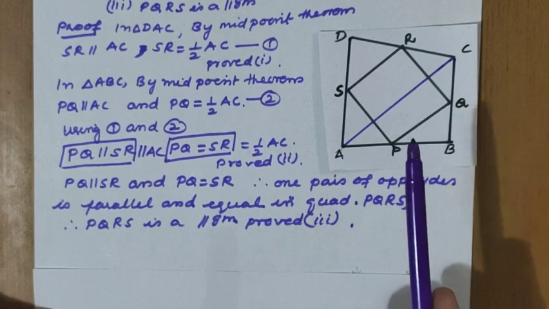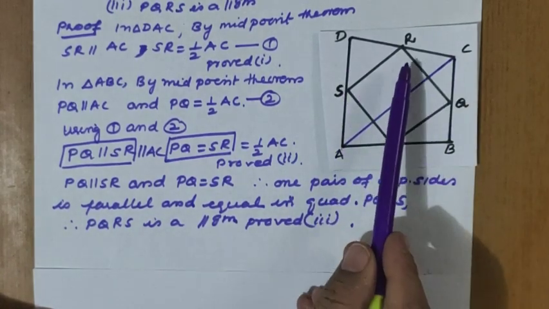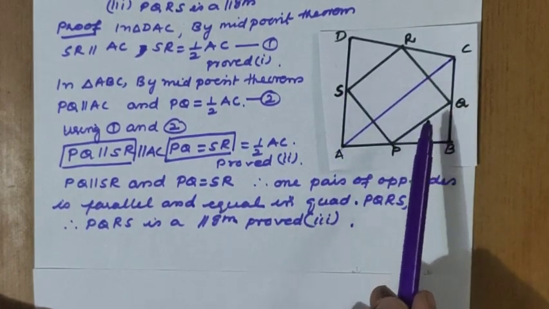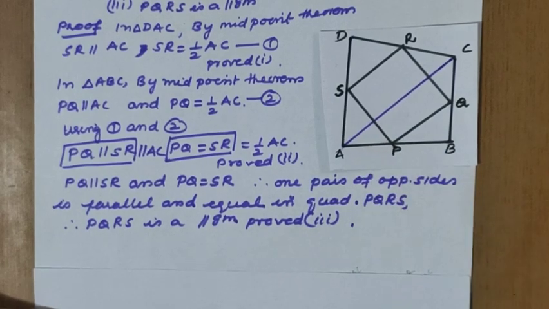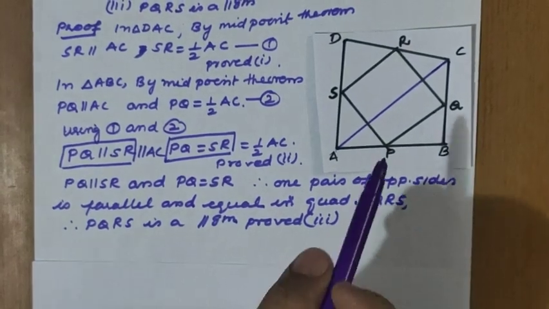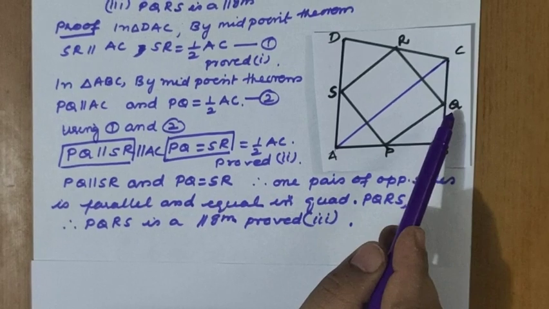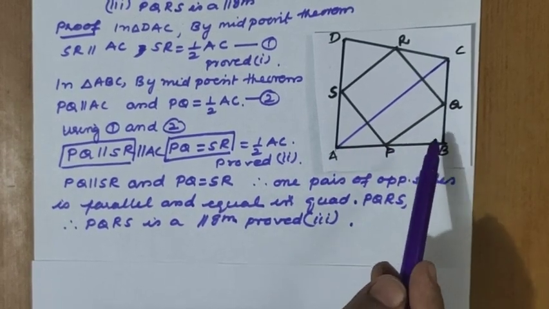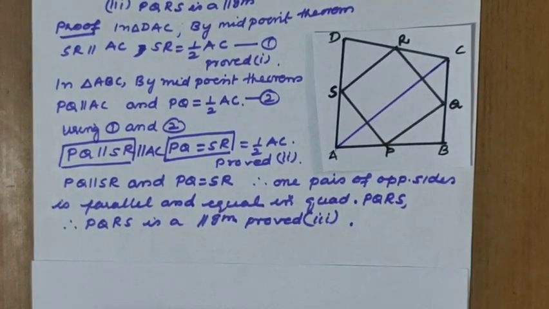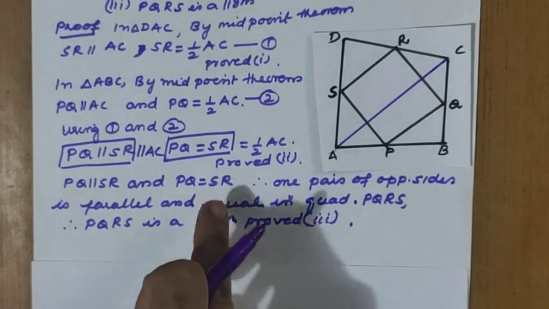By joining the diagonal BD we can prove the same for QR and SP. Then the two pairs of opposite sides are equal. That is lengthy, so we can wind up here.